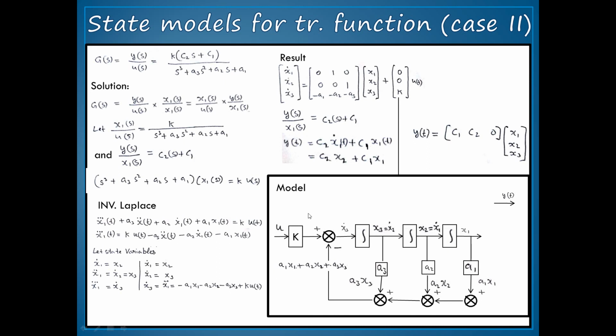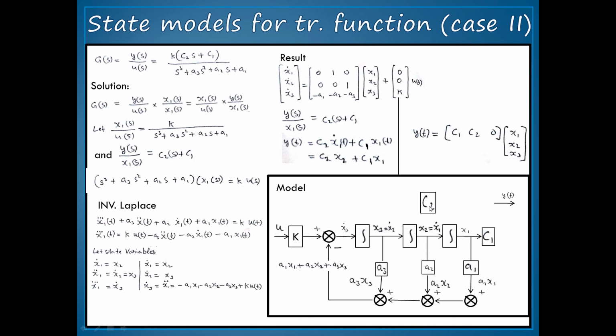Now this output equation should also be incorporated in this particular model. For this, x1 is multiplied with this c1, as you may see here, and x2 is also multiplied with c2. So there is one more path in which we have to multiply this x2 with c2.